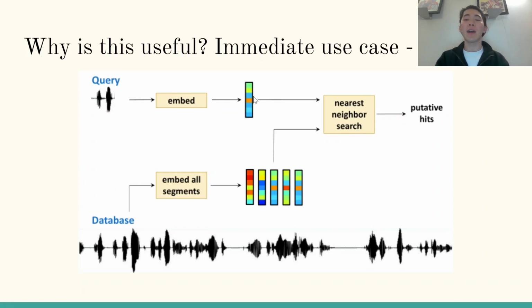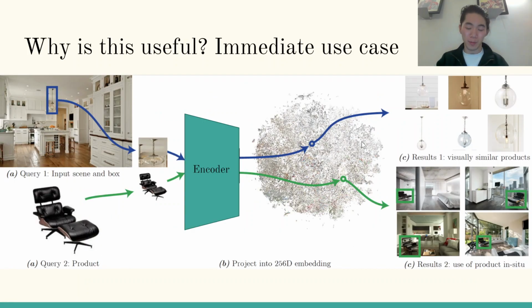And then in the database, of all the different instructions that you can give Alexa, the database will embed all of the different segments into a hidden representation as well. Then using the cosine similarity between this and the others, you can do nearest neighbor search, where you say, which vector is my query representation the most similar to, and then it can guess which audio data in the database it is most closely related to, and it allows you to carry out audio search.